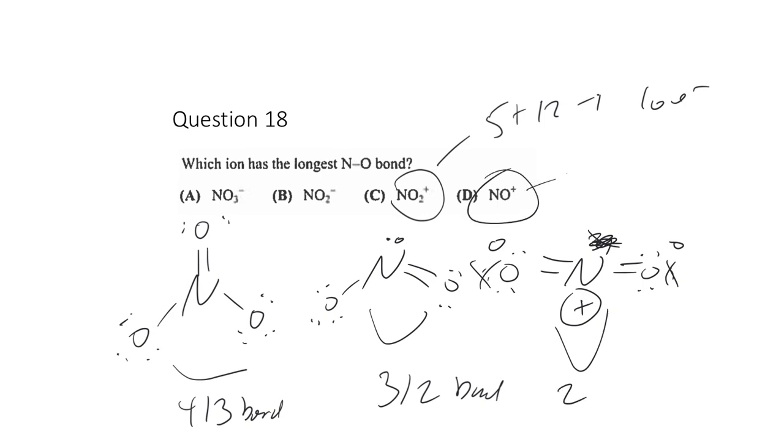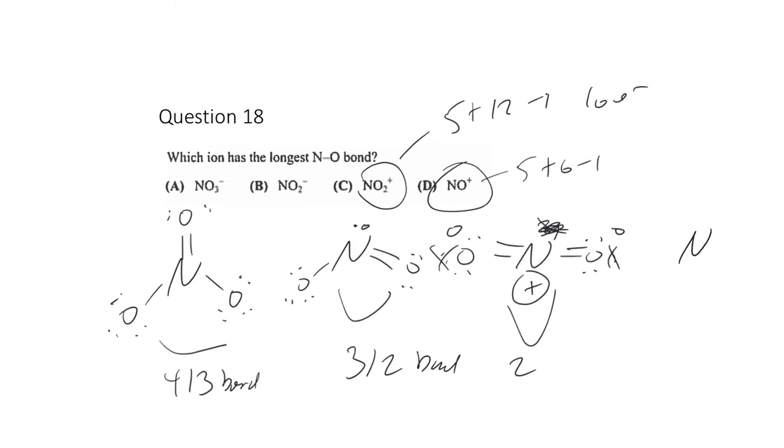Then NO plus is 5 plus 6 minus 1. This is a triple bond. So NO plus goes triple, because we only have 10 electrons, so we have to satisfy the octet rule for both atoms with that triple bond. So 0 and plus are our formal charges of N and O, but it's a perfectly good Lewis structure. So this is going to be our shortest bond.